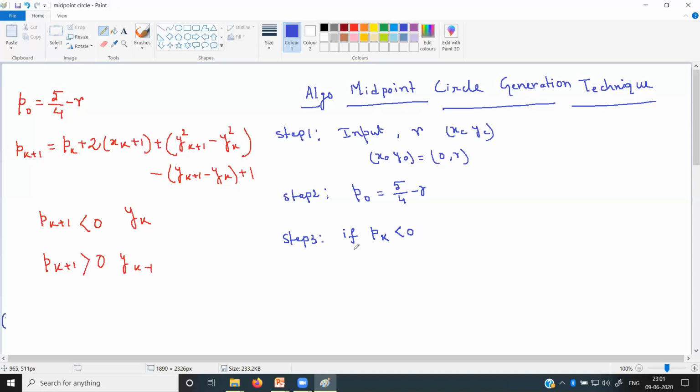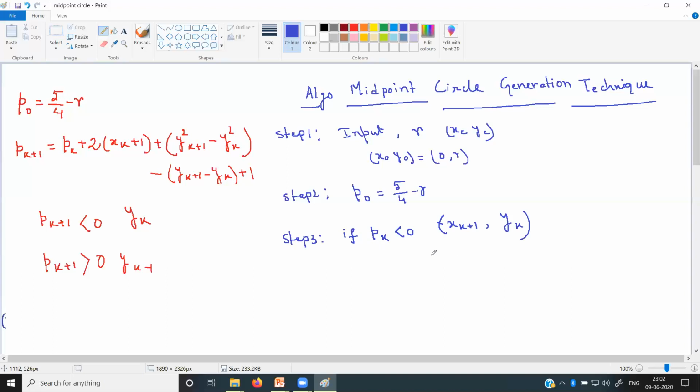That means we have to choose a y value which will push the points towards the perimeter of the circle. So in that case, if p of k is less than 0, the next x point will be x of k plus 1 and the y value will be yk. The same for all.